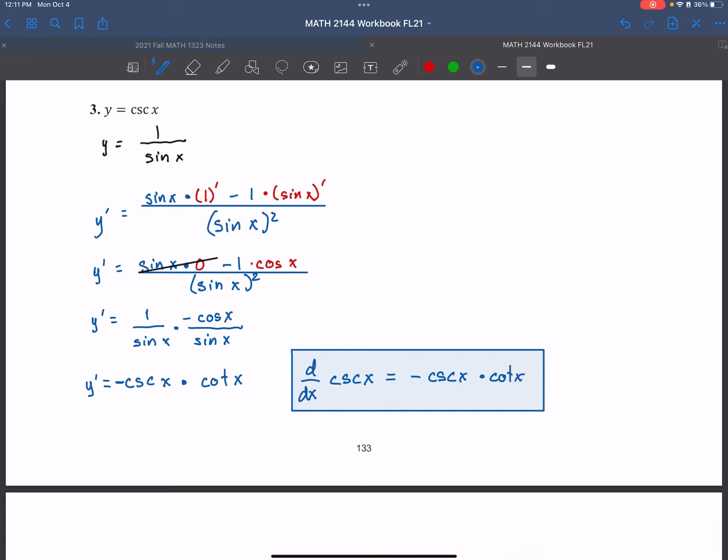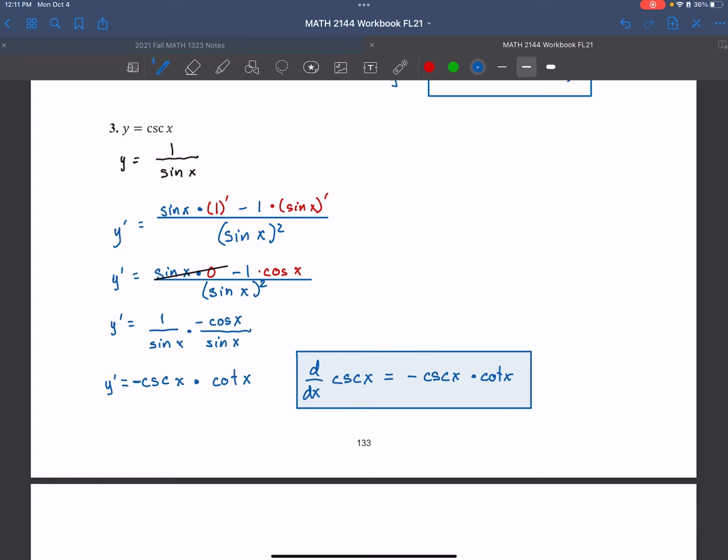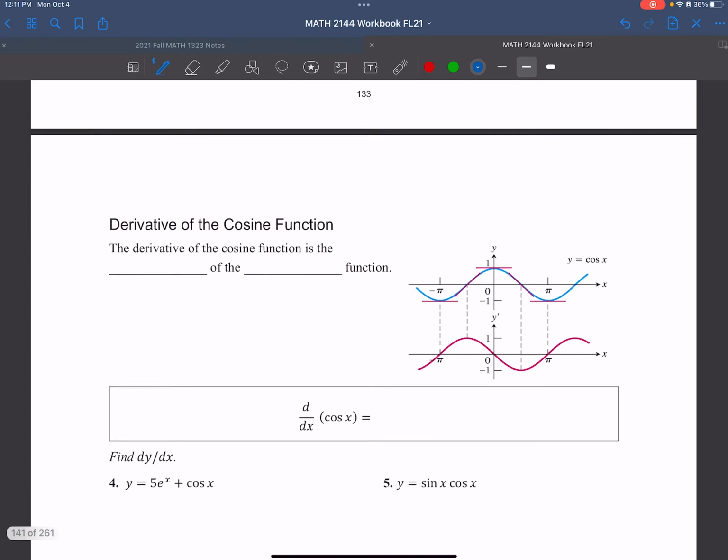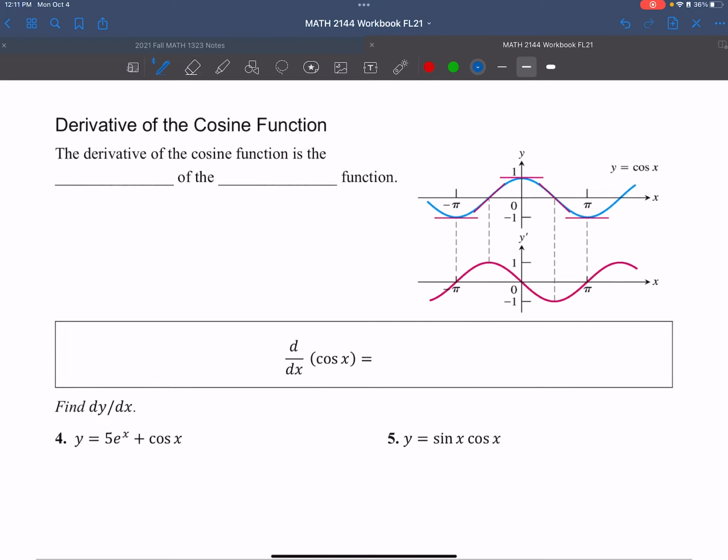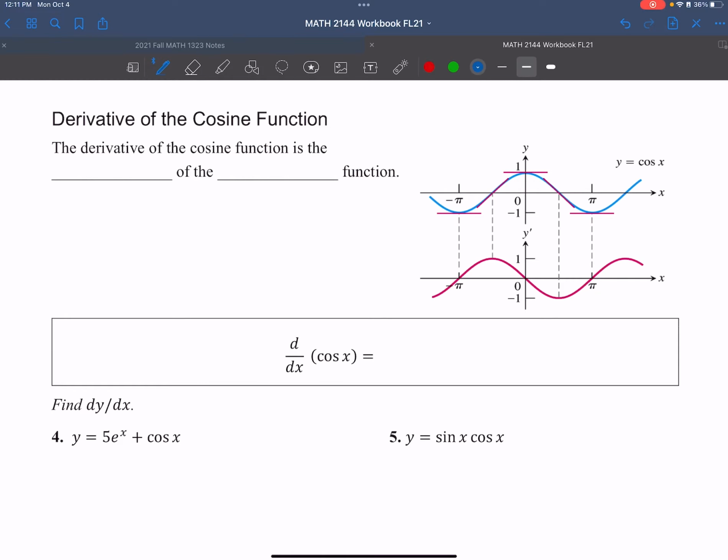All right, so I'm going to go ahead and help you make connections about what the rules are once we have them all. So let's go ahead and look at the next page. The derivative of cosine we actually looked at earlier in the course, I think in section 3.2. The derivative of the cosine function is the negative of the sine function.